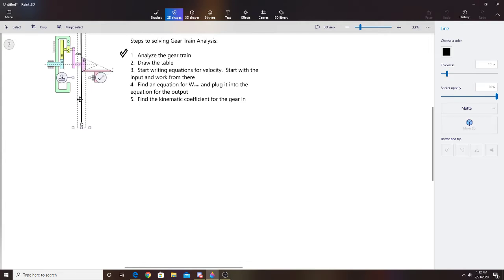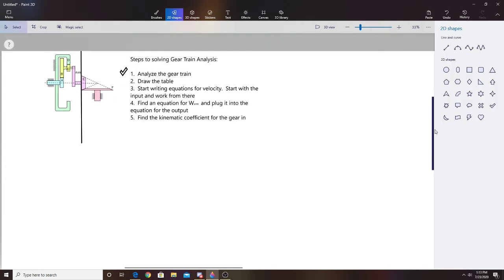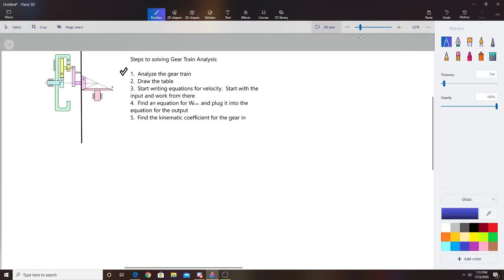You're not actually going to draw a line, but essentially a line goes down the middle. What that does is split this up into two mechanisms, or two gear trains. But gear E is still in the first one. So you're going to do A through E, and then E through F. Once you have equations for both of those, you can link them together, right? And that is the point.